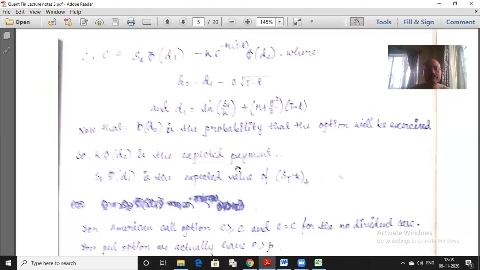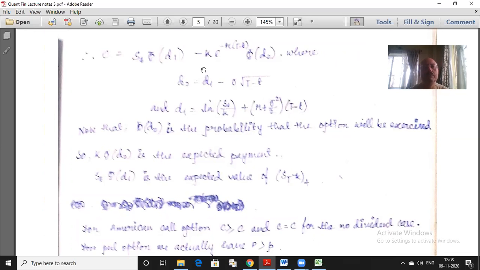But instead, what I will do is I will just look at this formula again, the final result. So what is the final result? The final result is two parts. One part is what you get with the probability of getting it. So this capital phi D1 is essentially the probability that the option will be exercised. And if it is exercised, you get the stock. So your payoff will be proportional to the stock price. Minus, this is the part where you are going to pay the strike price or it is not going to be exercised.